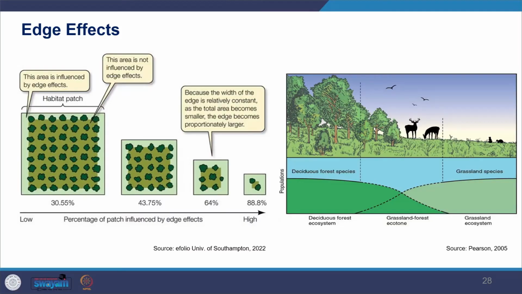So small patches are also susceptible to edge effects, so isolation and edge effects can also happen. Let's look into what edge effects are. Edge means boundary. It's related to increased length of habitat edge.